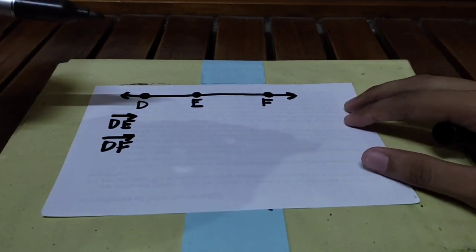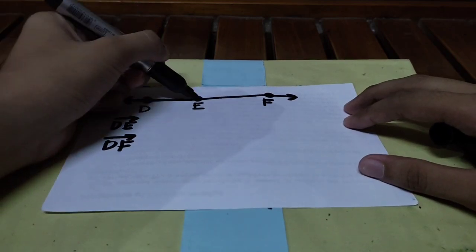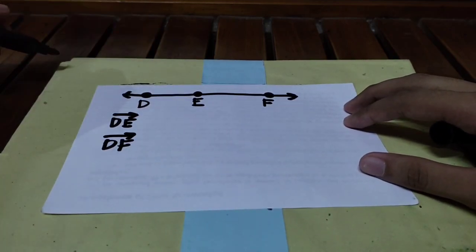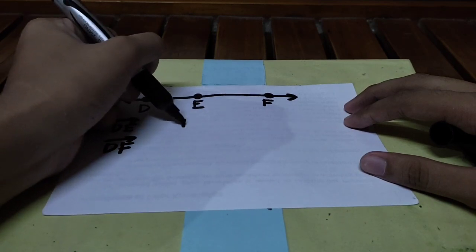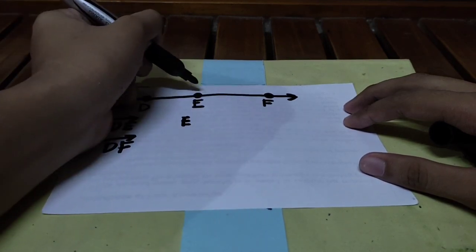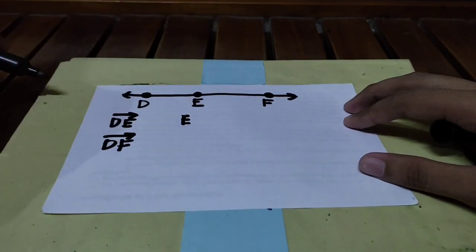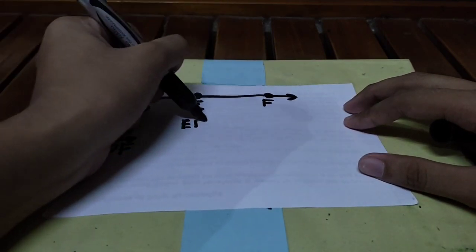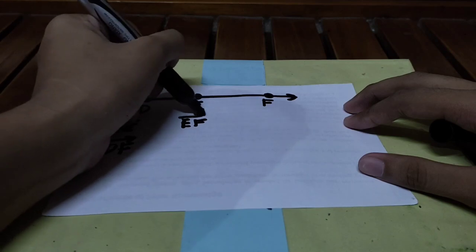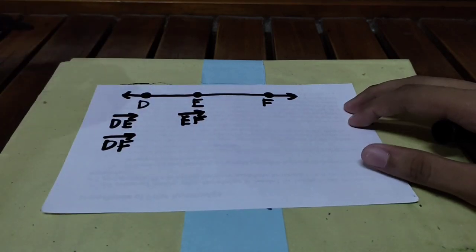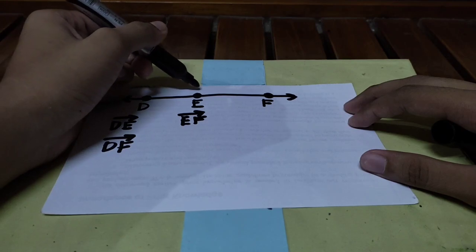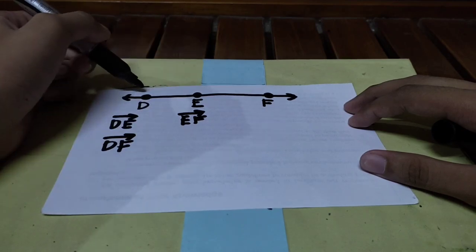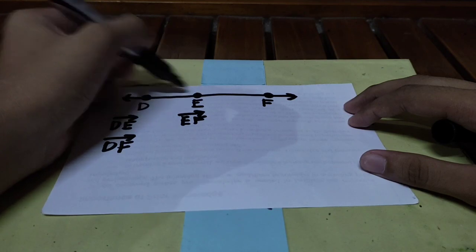And if we have this endpoint E, we can have a ray from this one to the right side, ray EF. And if we have endpoint E, we can also have this point to the left side, which is ray ED.